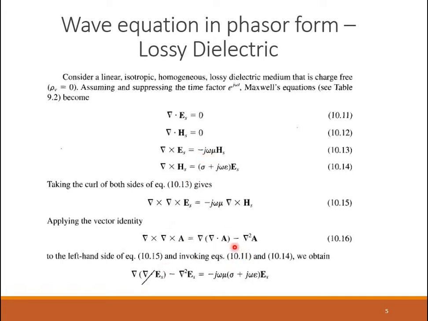So here, in place of this identity, I'm going to replace it with ES. When you do that, the del dot ES term becomes 0 as per Maxwell's equation 10.11. So I'm left with the remaining portion. Okay, so I get the equation as shown here.